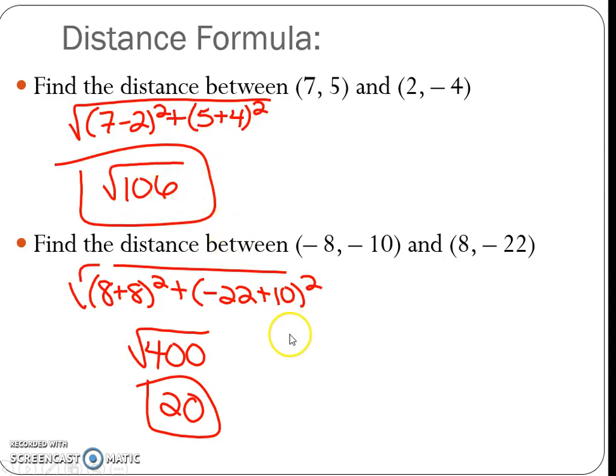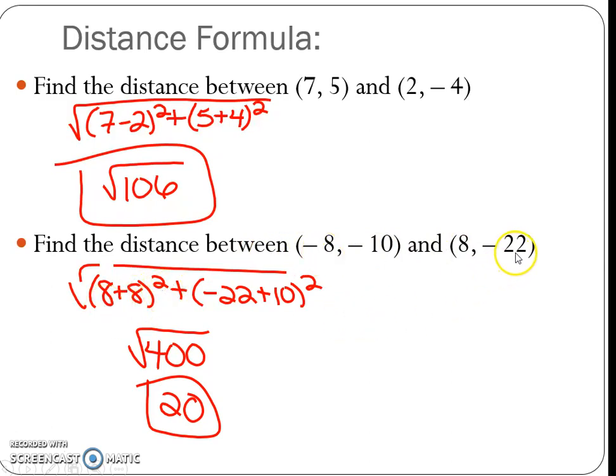Let's take a look at the next one. The points are x1, y1, x2, y2. So label that, and then you're going to plug it into the distance formula. Square root of x2 minus x1, parentheses squared, plus y2 minus y1, parentheses squared. So I'm going to plug that in. x2 minus x1 is 8 minus negative 8, which is 16 squared.